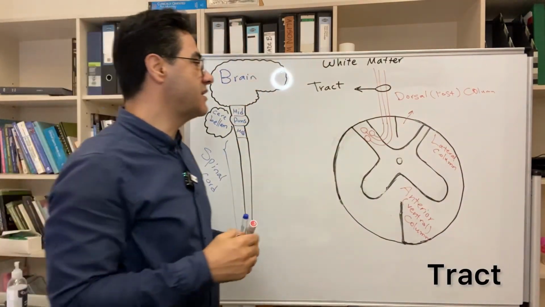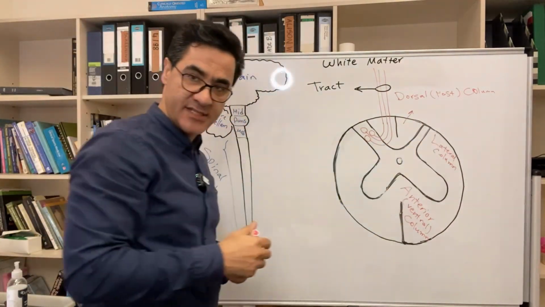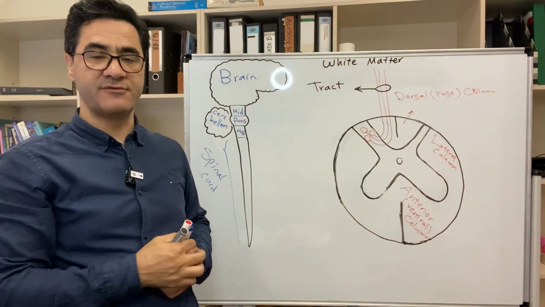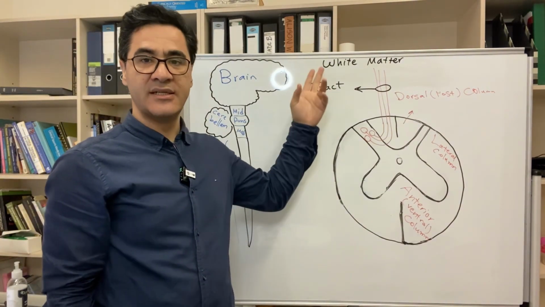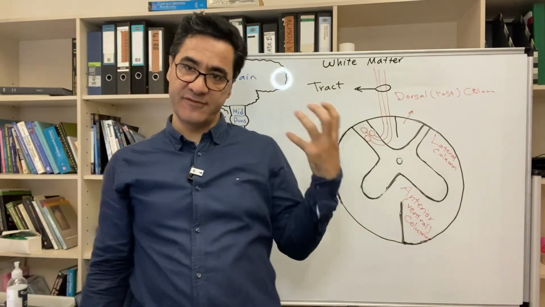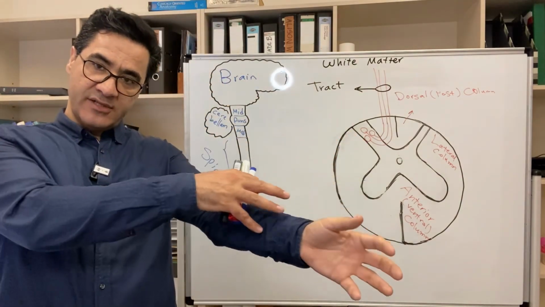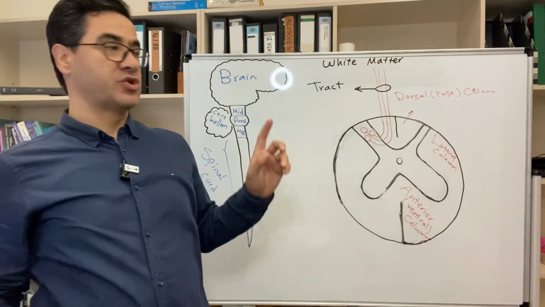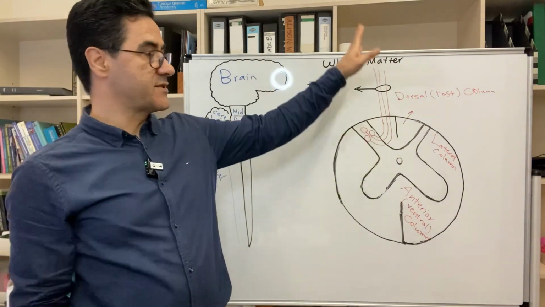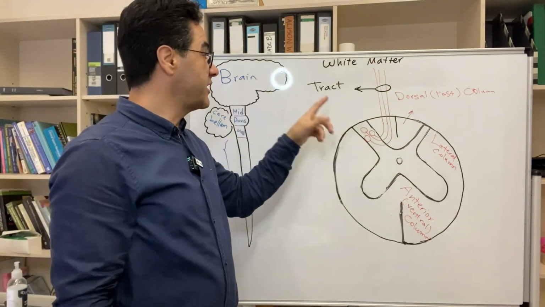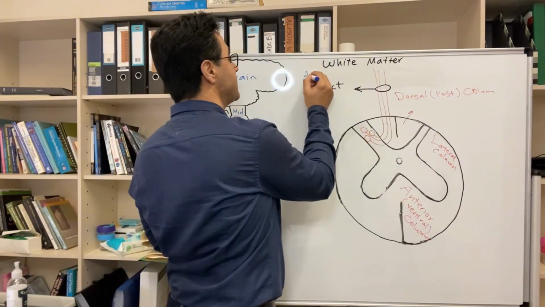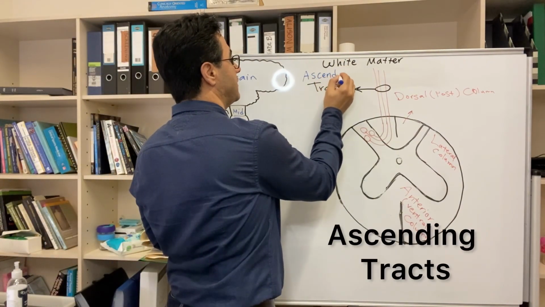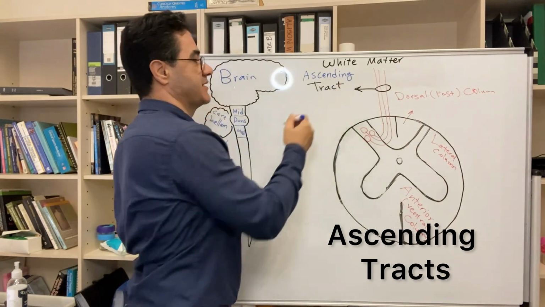So within the column or fasciculus or funiculus of the white matter, we have different tracts. They carry different sensory information from the environment to the brain through the spinal cord. They are ascending up, that's why it is called an ascending tract.